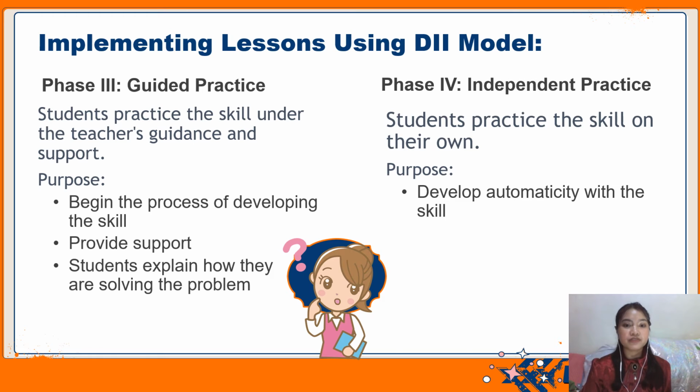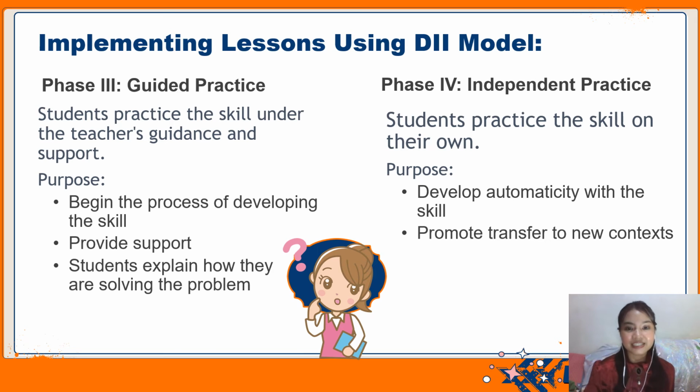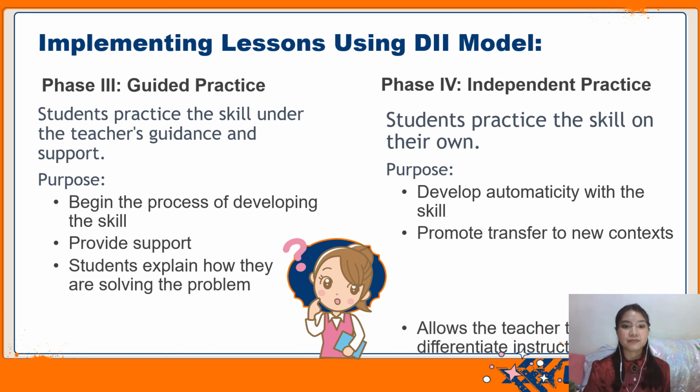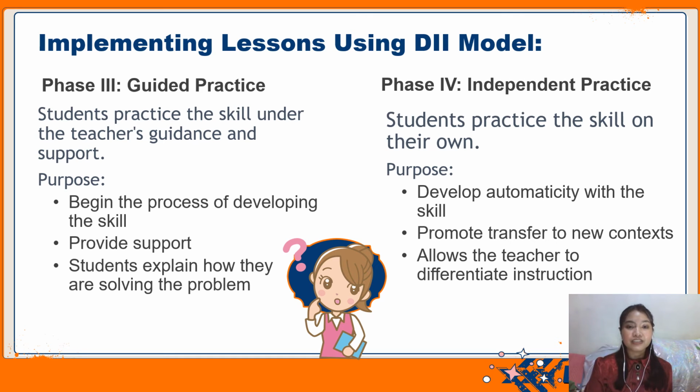Its purpose is to develop automaticity with a skill and promote transfer to new contexts. Successful students equals free teacher to provide intervention to other struggling students. It allows the teacher to differentiate instruction and work with small groups.